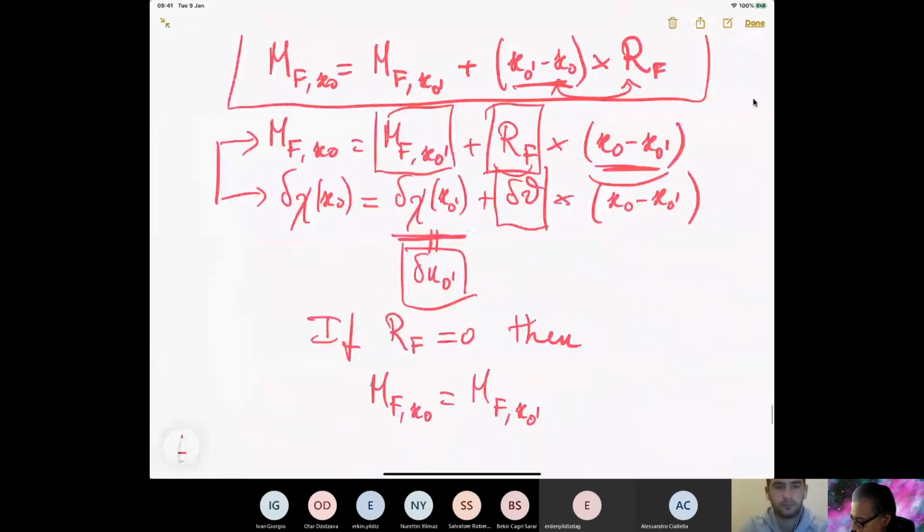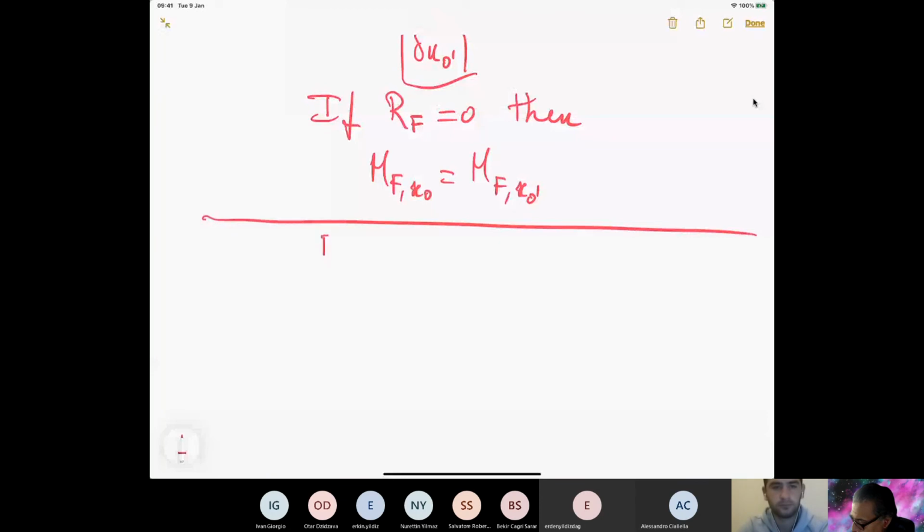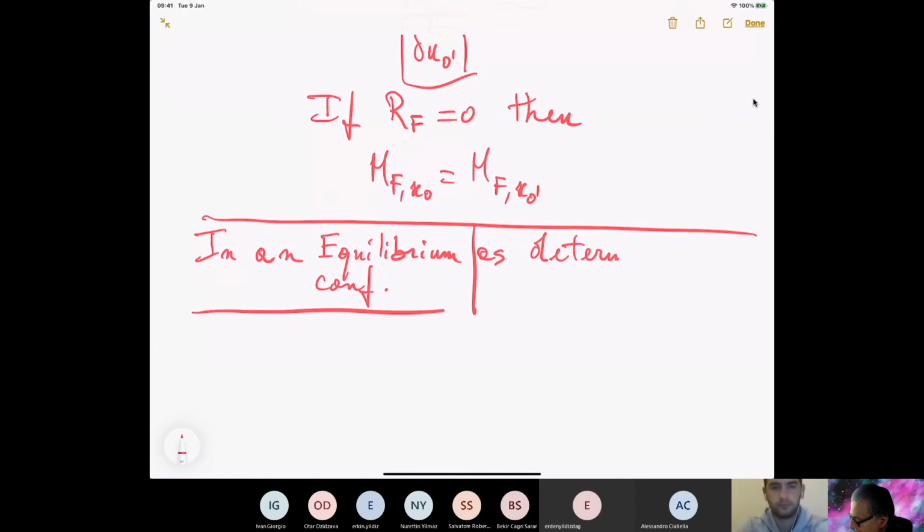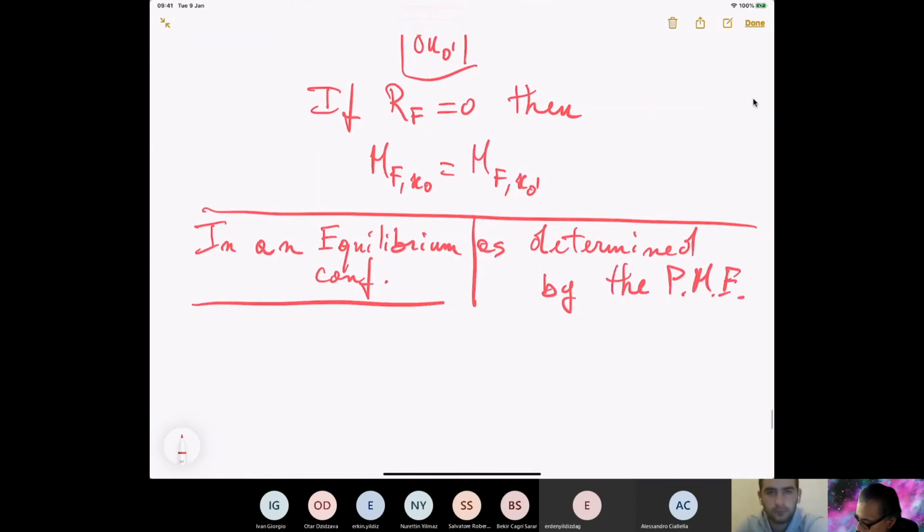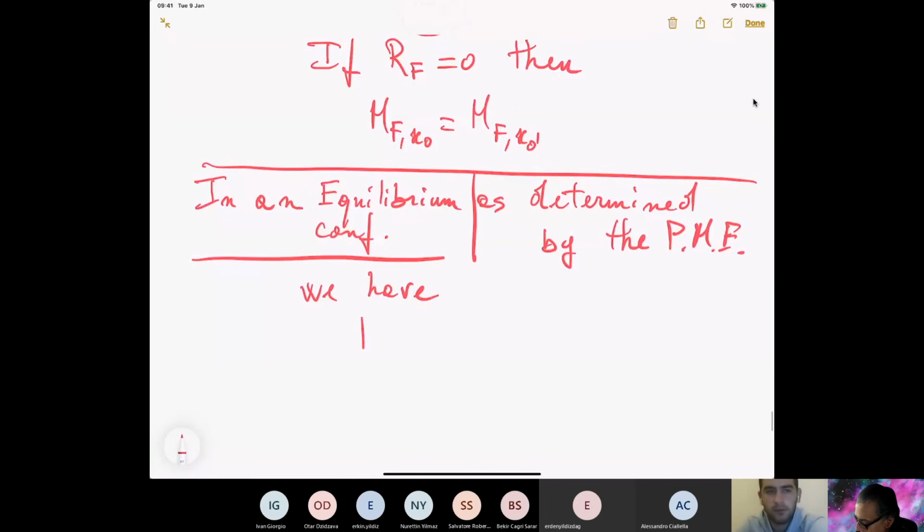So what we have proven: in an equilibrium configuration as determined by the principle of minimum of energy, we have that the resultant force is zero, and the resultant moment is zero.